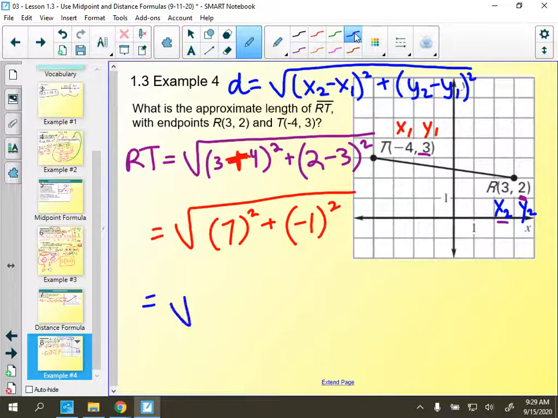I'm going to go step by step and show it. Make sure I get this right. Square root of 7 squared, again, no calculator needed, 49. Be careful here with this -1. If we're just blindly plugging numbers into our calculators, a lot of calculators, if you just type -1 to the second power, my calculator says -1. And that's incorrect.